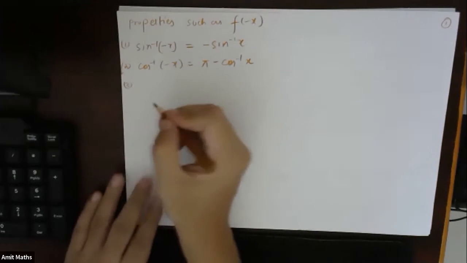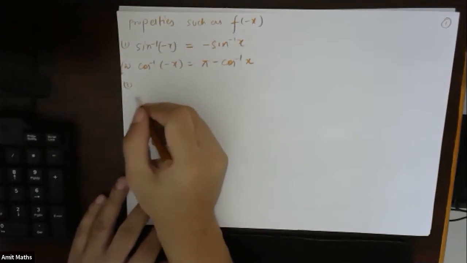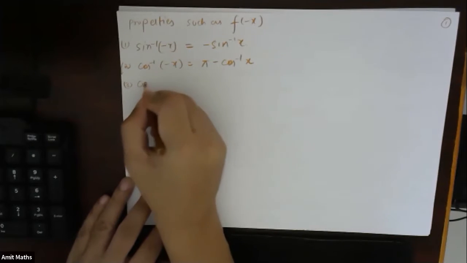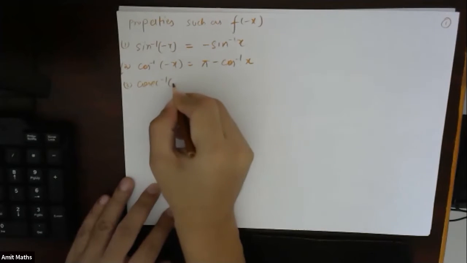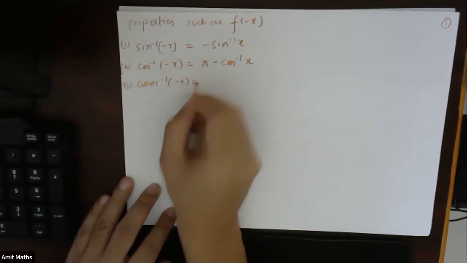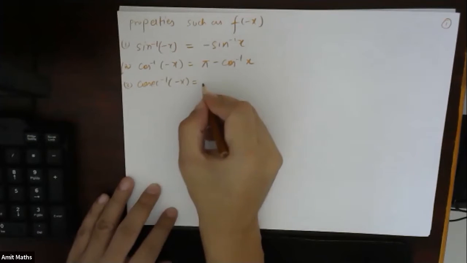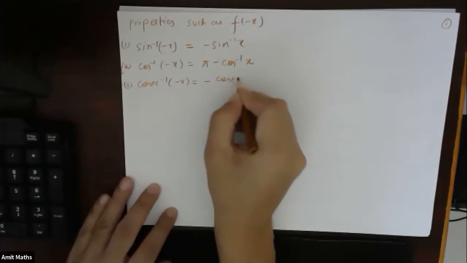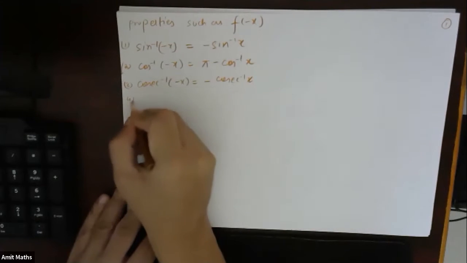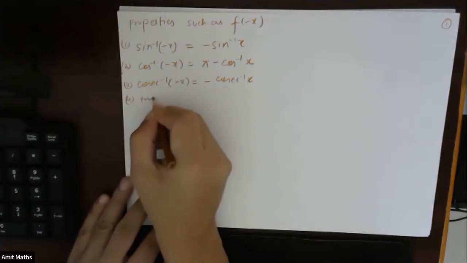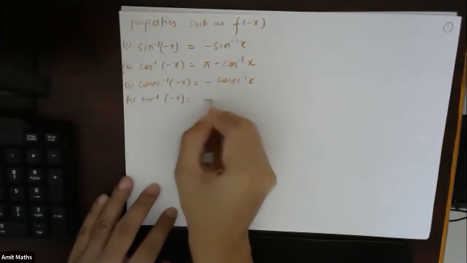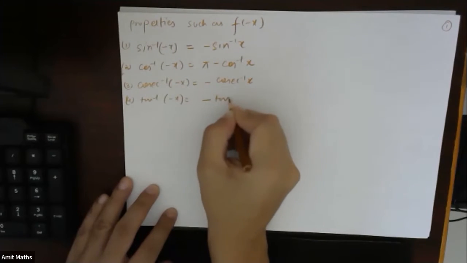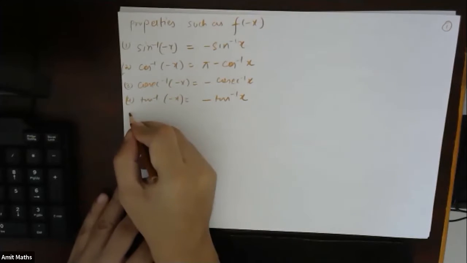Third was cosec inverse of minus x. Because sine is in minus, this will also be minus, so minus of cosec inverse of x. Fourth was tan, so tan inverse of minus x will be nothing but minus of tan inverse of x.